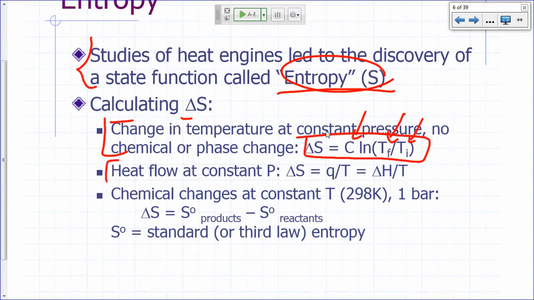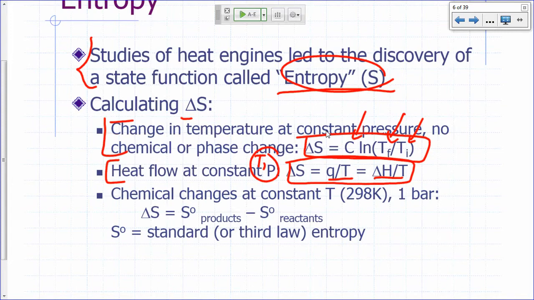Now if heat flows at constant pressure, let's say you're melting at 0 degrees Celsius or boiling water at 100 degrees Celsius, if there's a heat flow at constant temperature and pressure, then delta S will just be Q over T. But Q is equal to delta H at constant pressure, so delta S is delta H divided by T for a process happening at constant temperature and pressure.